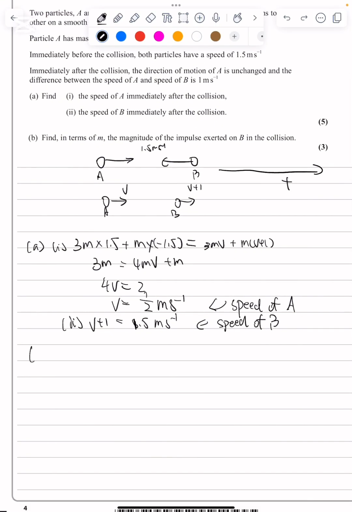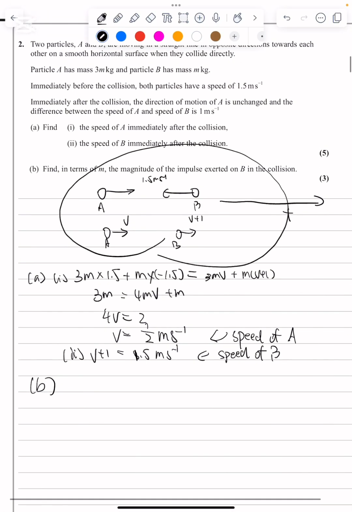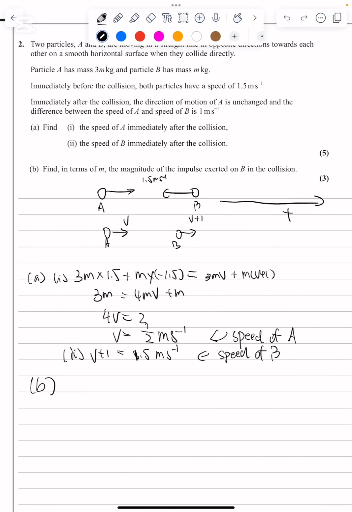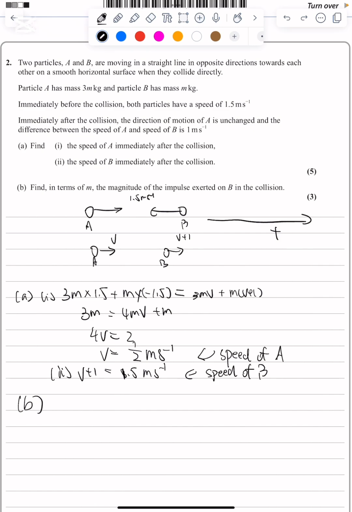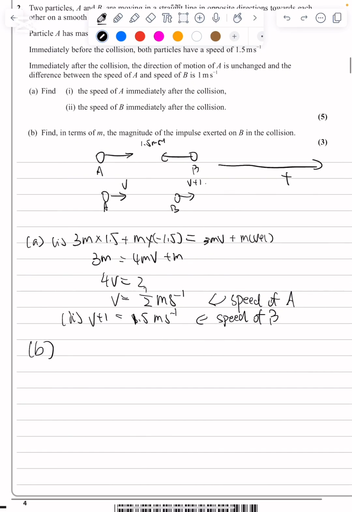Nothing really too difficult, I think. You do have to think about the logic here though, because it doesn't really give much more information, so you have to figure out what the difference between the speed of A and B means. Does it mean A is faster or B is faster? So here obviously B is faster.